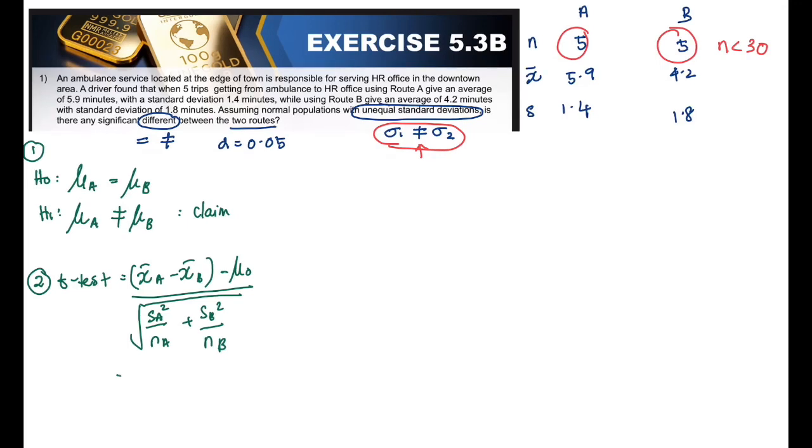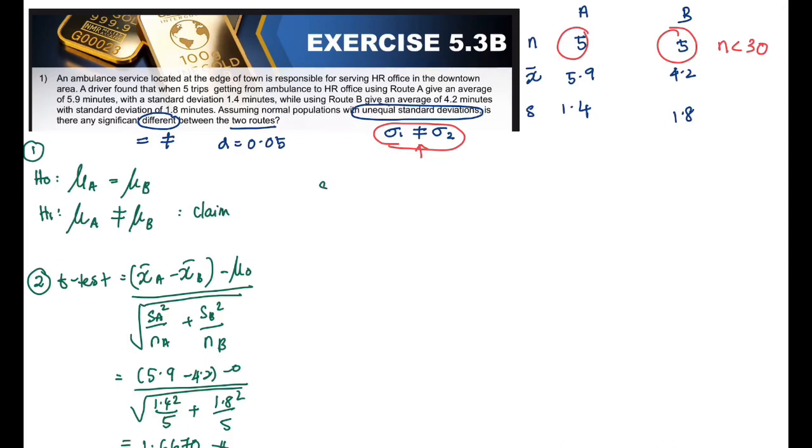Substitute all the information: 5.9 minus 4.2 minus 0, over 1.4 square over 5 plus 1.8 square over 5. So here you will get 1.6670. Make sure you press your calculator correctly. Right, this is your t test.